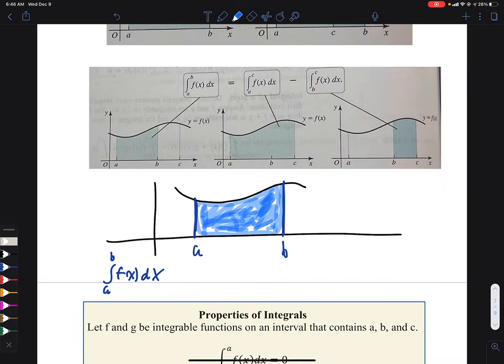Now, I said you can pick a C and split it up, and then A to C plus C to B, right? What's weird, I could pick a C out here. And it's still true that the integral from A to C plus C to B works.